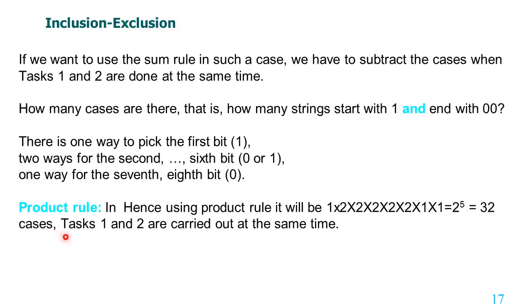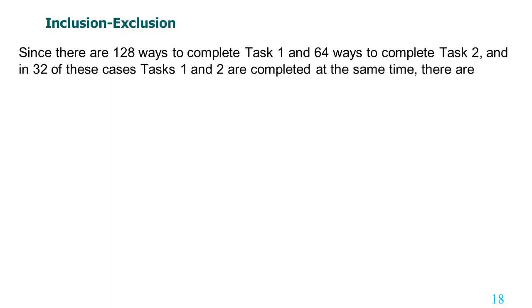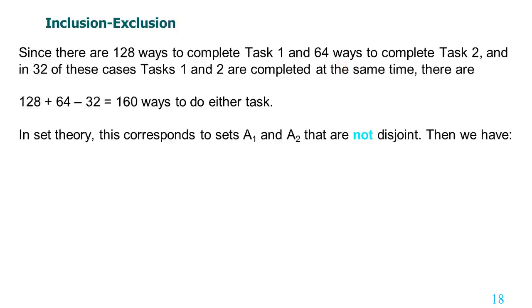So task 1 and task 2 are carried out at the same time in 32 ways. So we subtract 32 from the sum of 128 and 64, which gives 160 ways to do either of the tasks.